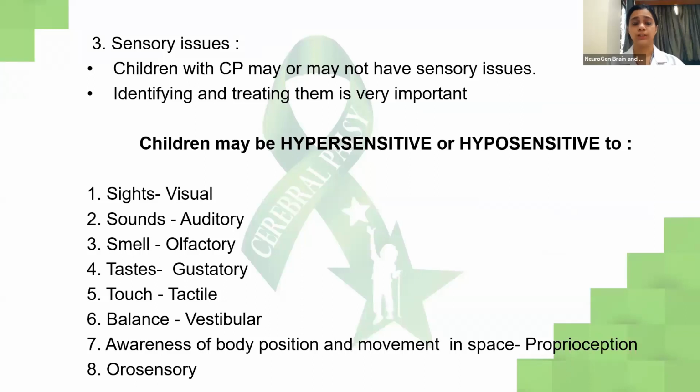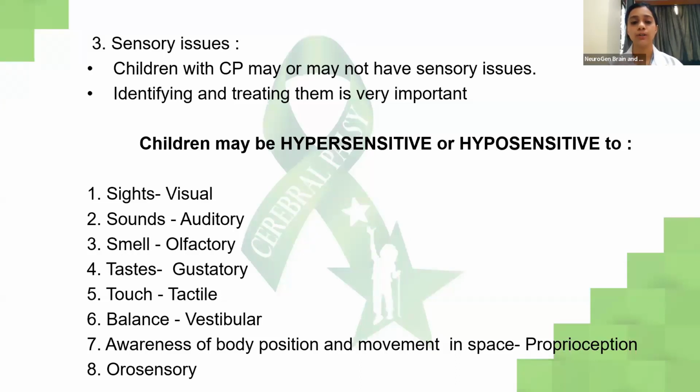Sensory issues. Children with CP may or may not have sensory issues, but identifying and treating them is very important. There are two types of sensory concerns: hypersensitive to certain stimuli and hyposensitive to certain stimuli. Hyposensitive meaning the child will seek a lot of input.